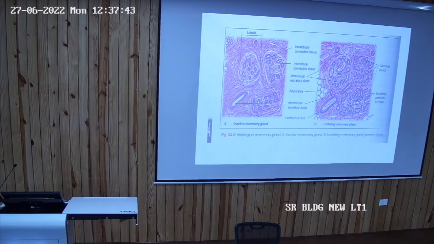Look, this is one lobule, this is another lobule, and you can see the interlobular septa here. Each lobule has a single duct, called the lactiferous duct, and these lactiferous ducts open at the nipple.